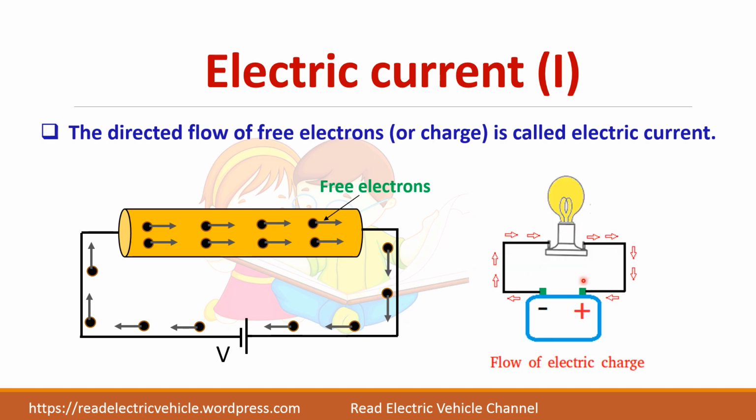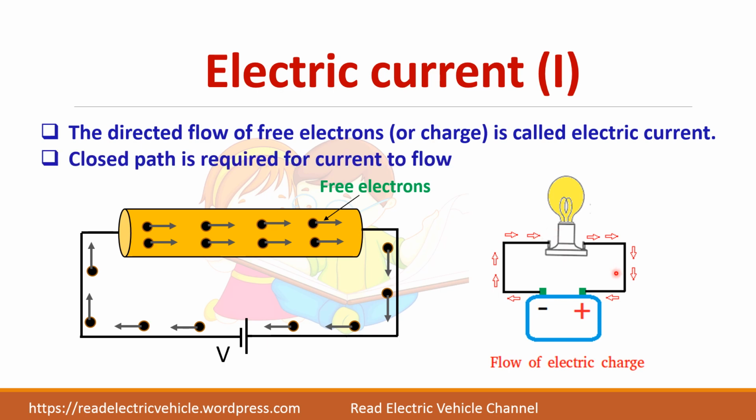And this is similar to the bulb case, where if you connect the bulb in the circuit and switch on the supply, current flows. And you have to remember one thing, whenever you break the circuit or there is any opening, current will not flow. So it is necessary for the current to flow to have a closed path.